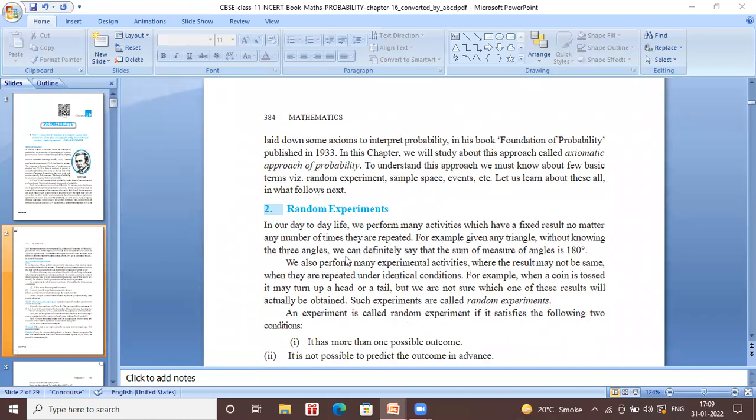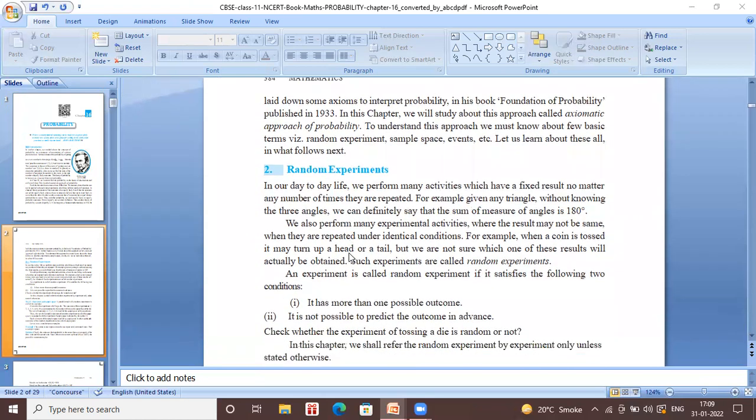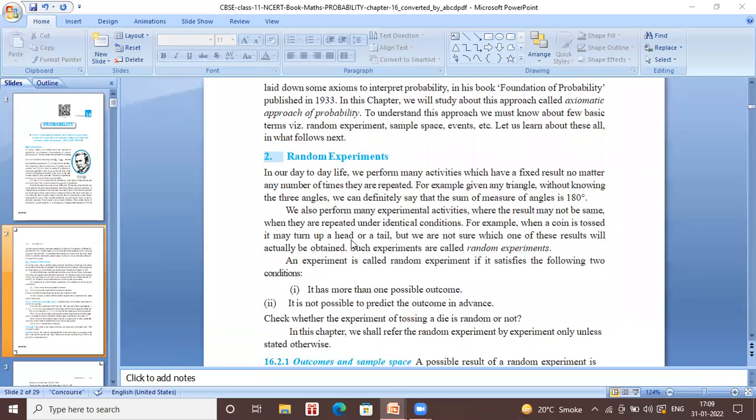What are they? Now, random experiment. In our day-to-day life, we perform many activities which have a fixed result no matter how many times they are repeated. For example, given any triangle, without knowing the three angles, definitely the total sum of the angles is 180 degrees.